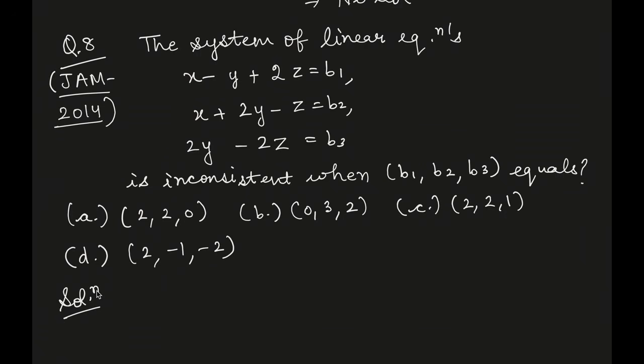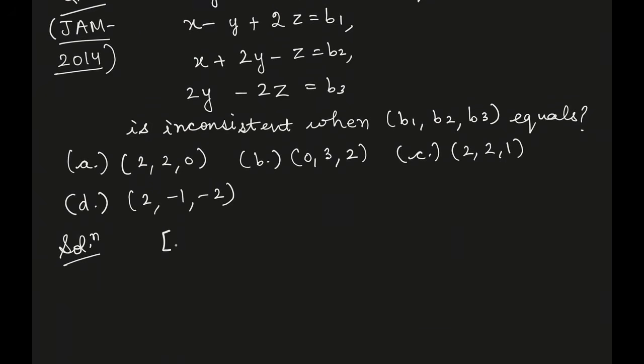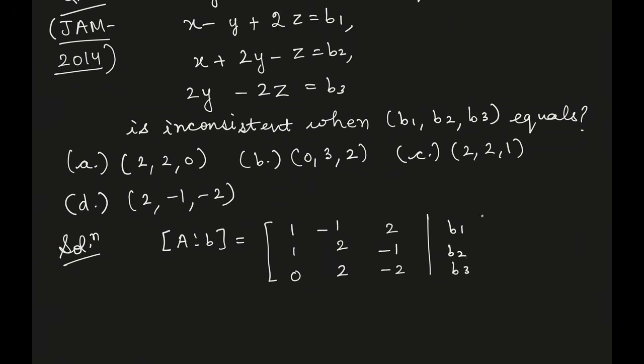It's C. Yes, correct. So the augmented matrix is 1 1 0 minus 1 2 2 2 minus 1 minus 2, b1 b2 b3.